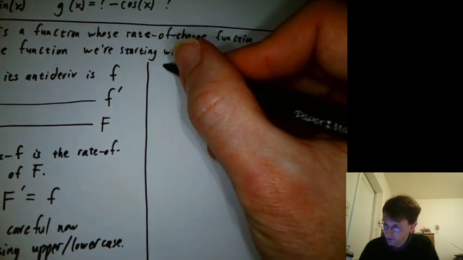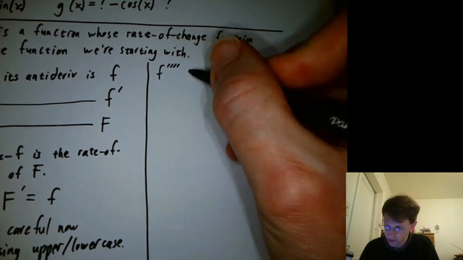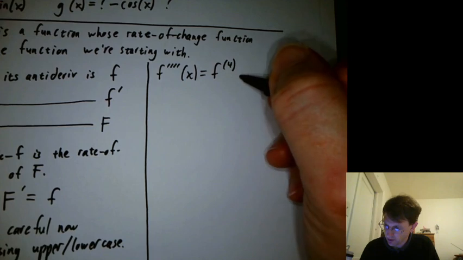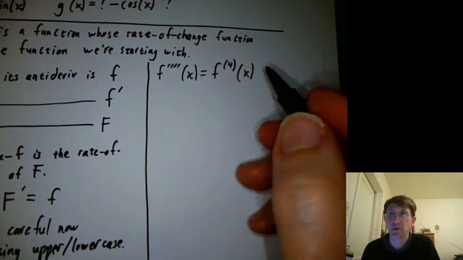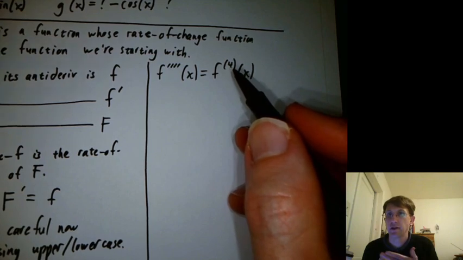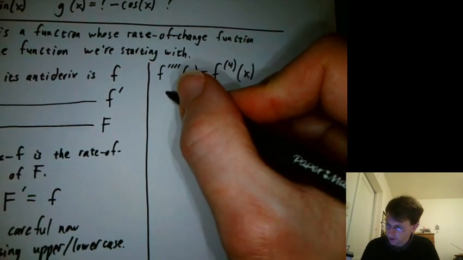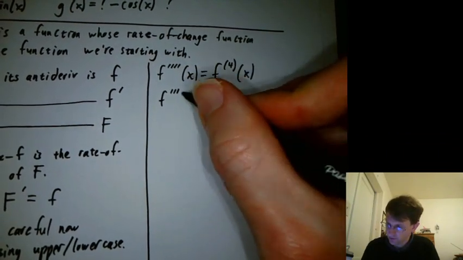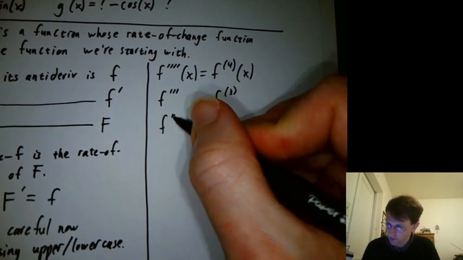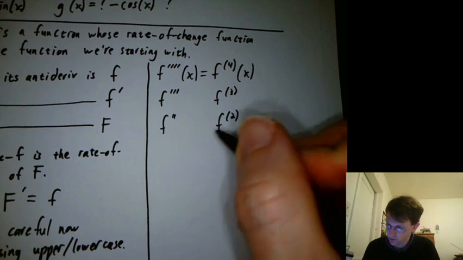Let's look at another way of talking about antiderivative notation. So if I have, let's go crazy, f quadruple prime of x, we know that you can write that as f super 4. And the 4 in parentheses doesn't mean raise this to the fourth, it means take the fourth derivative. And we said f triple prime, you could write that as f super 3. F double prime, you could write that as f super 2.